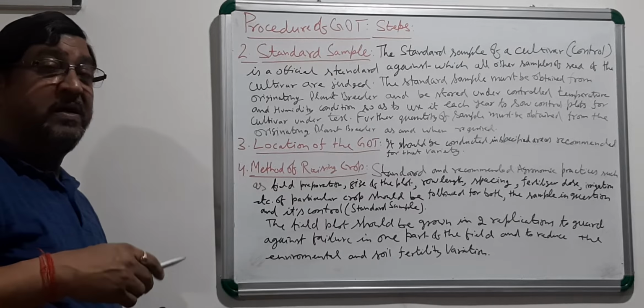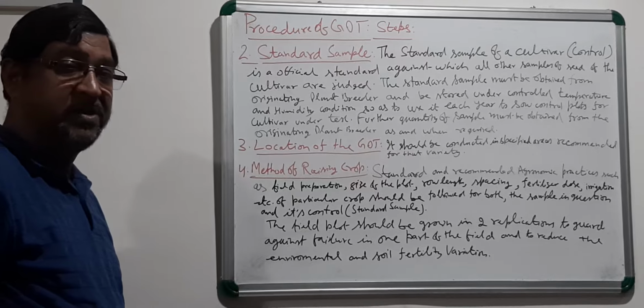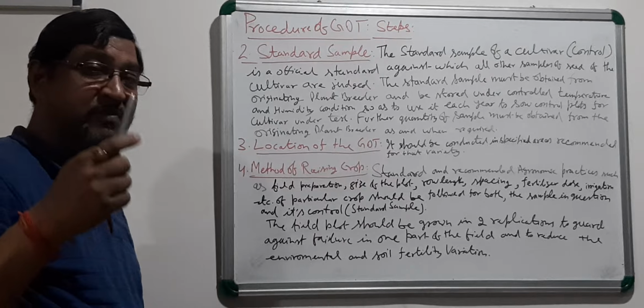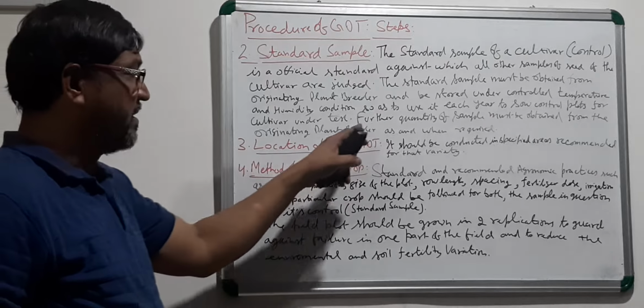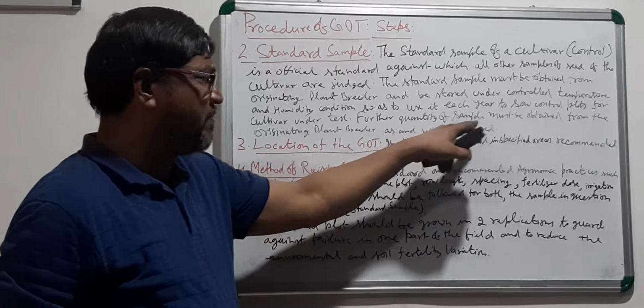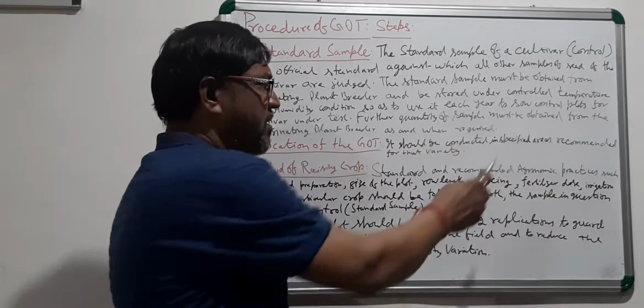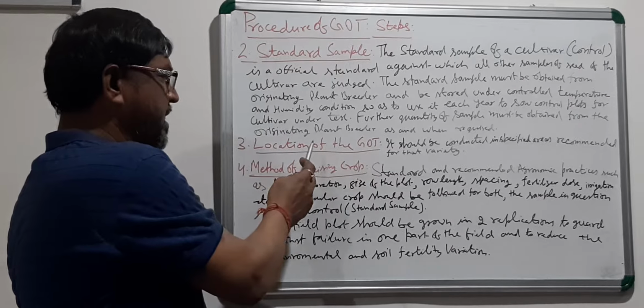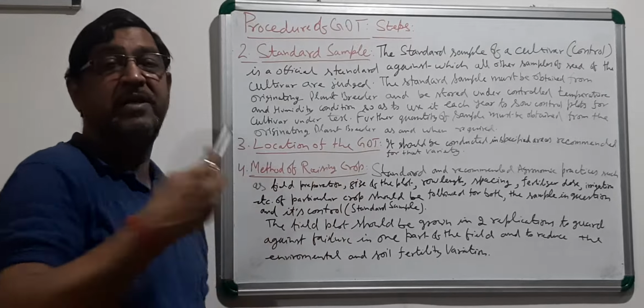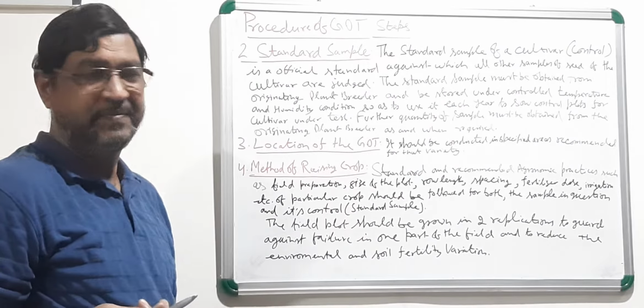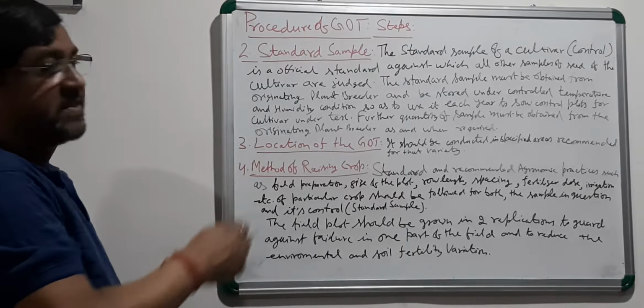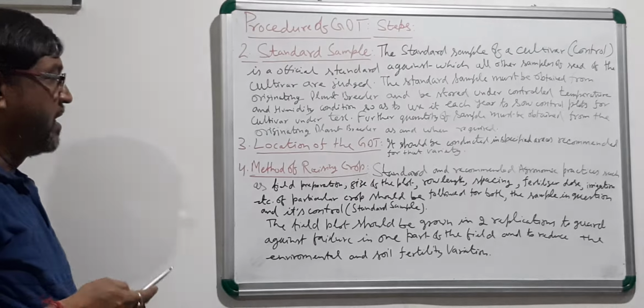So if again you are requiring it next year, then you have to obtain it from the originating breeder again. Further quantity of sample must be obtained from the originating plant breeder as and when it is required. So this is the standard sample.